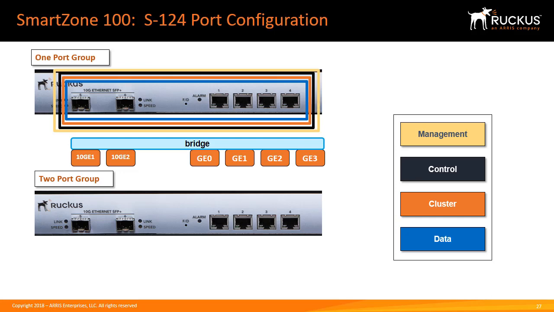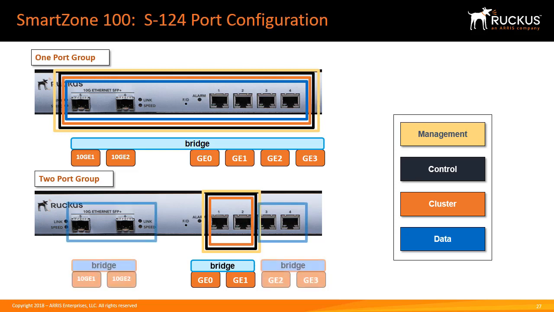Only one port will be active, though others can be used for redundancy. In a two-port group, as with the other controller, the first and second ports are bridged and used for management, control, and cluster traffic, and the third and fourth ports are used for data traffic, with the addition of two 10 gigabit ports. You will learn how to configure the port groups later in this course.